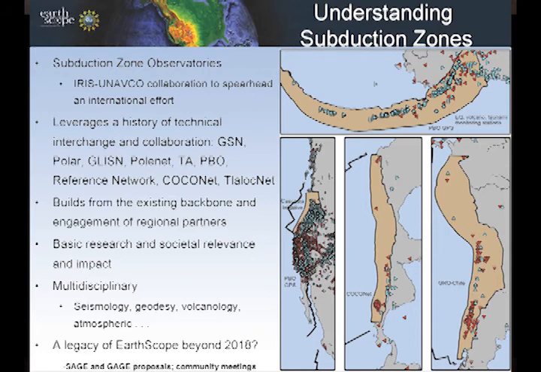But then there's CocoNet and TlalocNet, which are parts of the Mexican subduction system. And then Chile especially has a pretty big investment in permanent geophysical sensing networks. With that, you could string it all together and then have a bigger science program on top of it. That's just something people have been talking about.